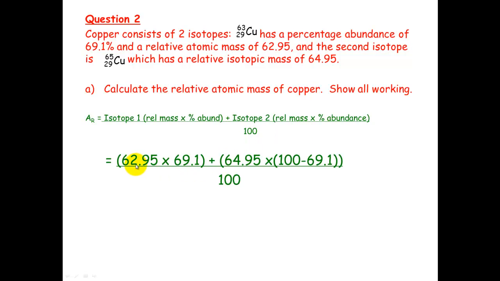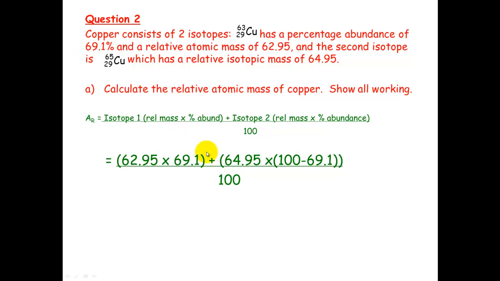We put those figures in. So isotope 1 is copper 63, which has a relative atomic mass of 62.95 and a percentage abundance of 69.1. Second isotope is copper 65, which has a relative isotopic mass of 64.95, and the abundance we work out because one isotope has the abundance of 69.1.